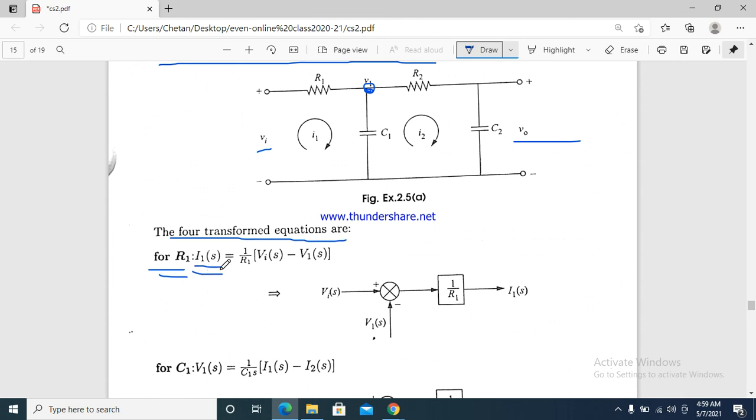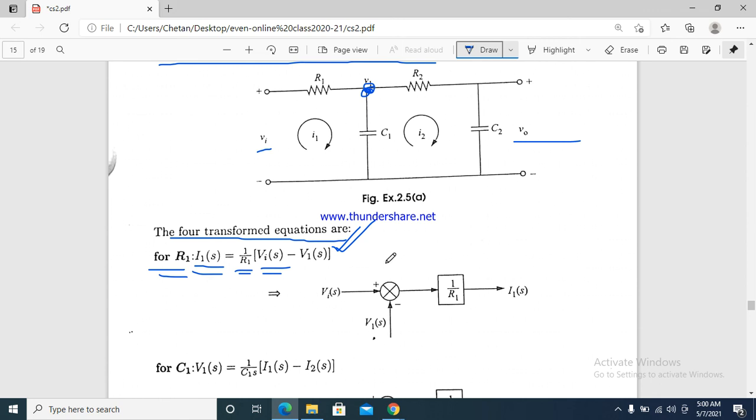You know that V equals IR, so I equals V by R. Here R is 1 by R1. What is your V? Input voltage minus the final voltage, divided by the resistor value. Input is Vi of S. Output voltage is V1 of S, multiplied by 1 by R. This is the expression we got.